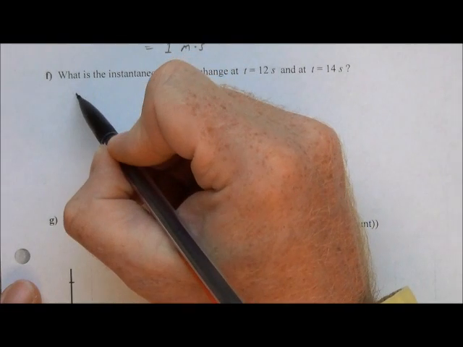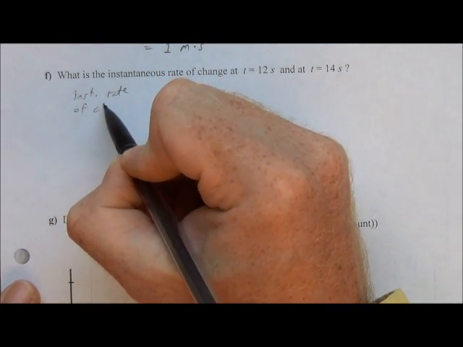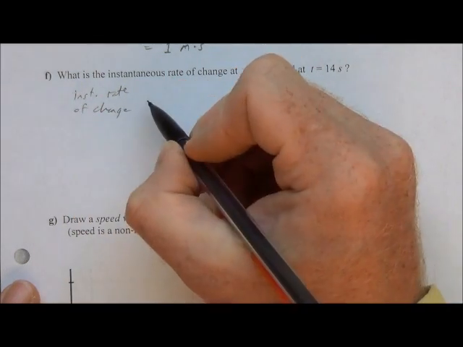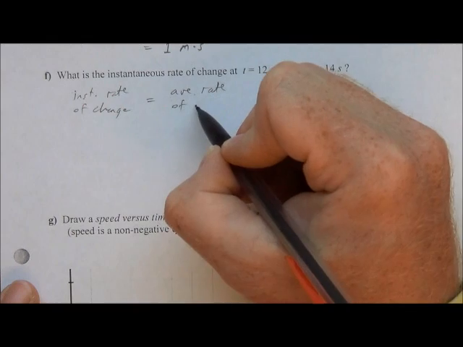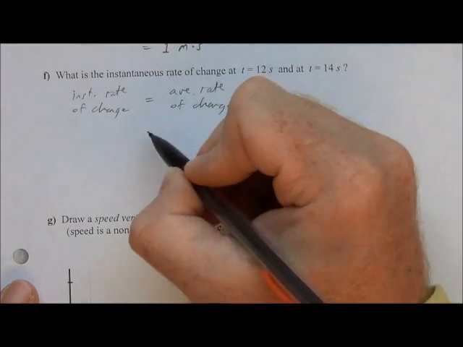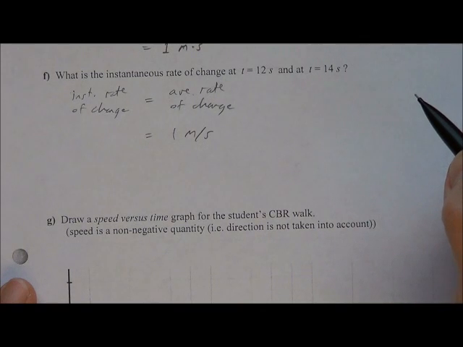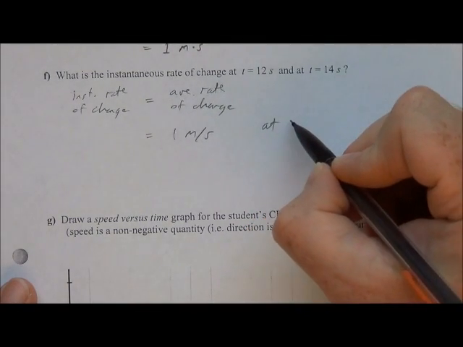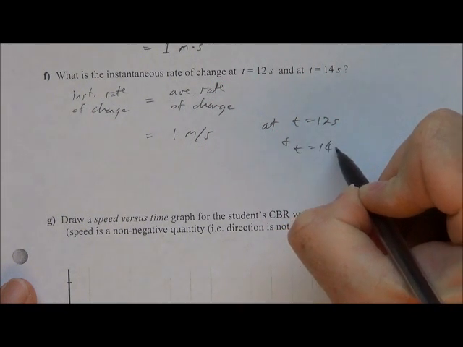So the instantaneous rate of change is going to equal the average rate of change, which equals 1 meter per second at both t equals 12 seconds and t equals 14 seconds.